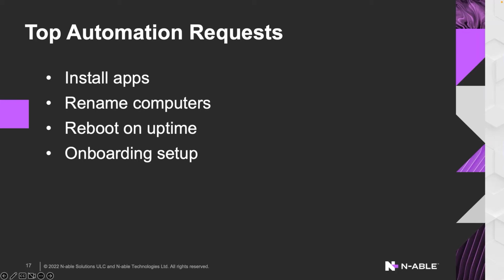Anywho, top automation requests that we've seen have been installing third-party apps, either through an installer or something along those lines. We'll talk about Installomator. We did talk about it yesterday as well. The other item we see is the ability to rename computers en masse and then reboot on uptime.